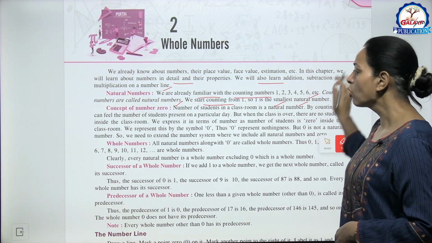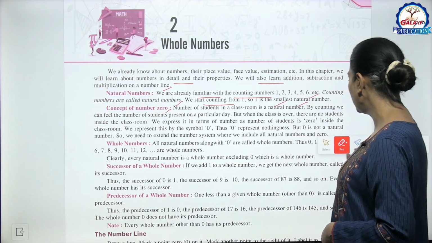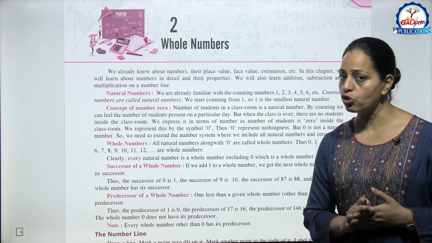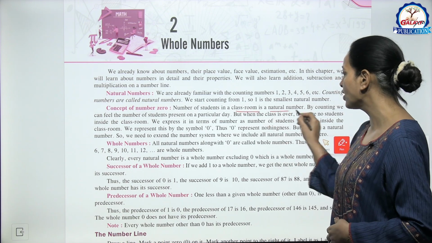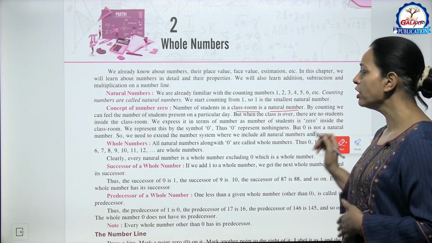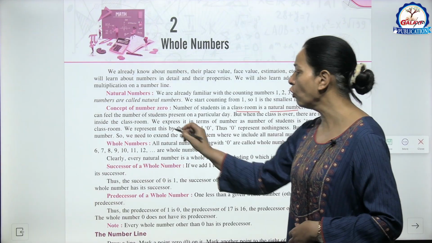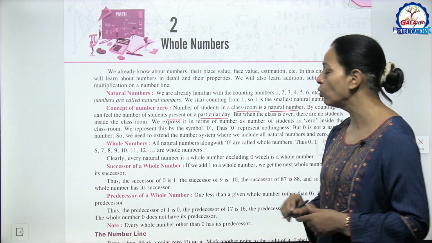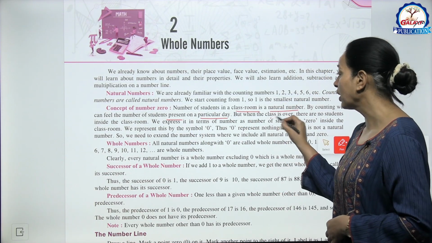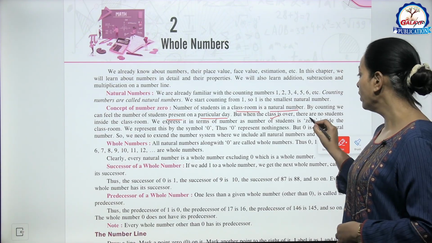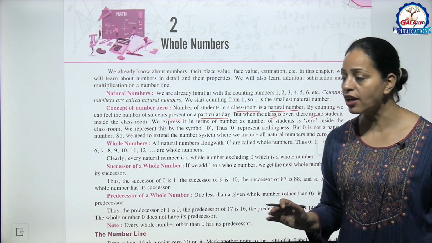Now next is the concept of number 0. The number of students in a classroom is a natural number. By counting we can find the number of students present on a particular day. But when the class is over, there are no students inside the classroom.